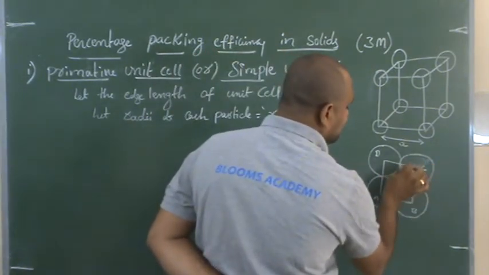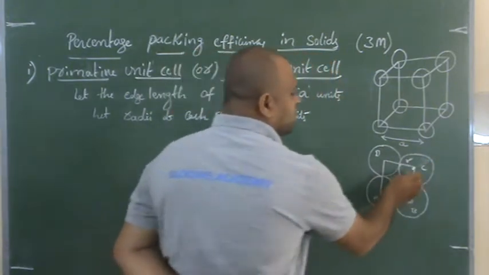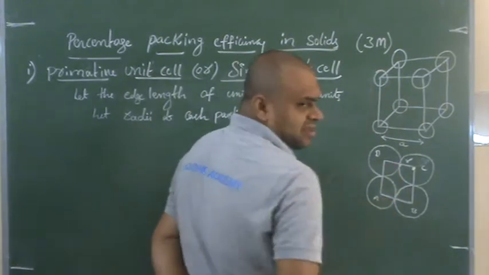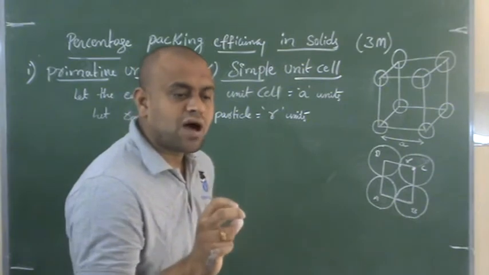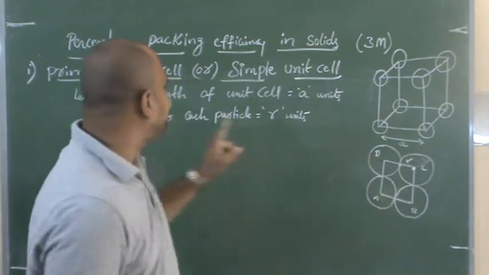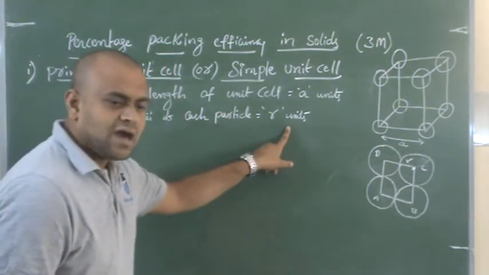From here, this is the center. From here to here, it is radius, no? This is r. If this particle's radius is r, this particle's radius is also r. So here, the particles are of same size. One particle is small, one particle is large, not like that. Here all the particles are same.